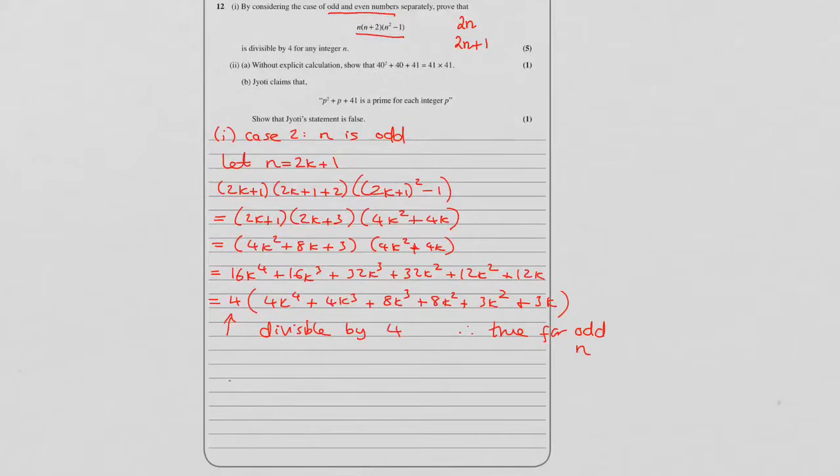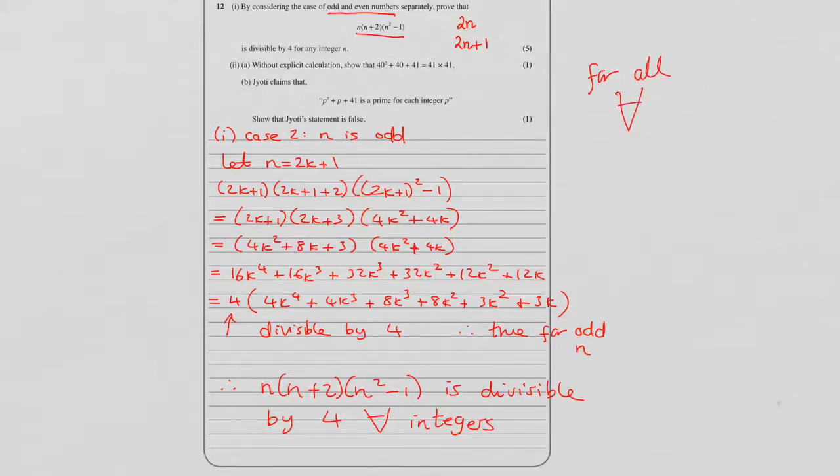So I'm going to say therefore n plus 2, n squared minus 1 is divisible by 4, and I'm going to use a fancy upside down A here for all integers.